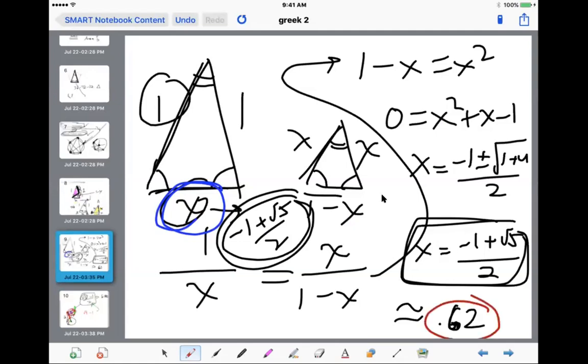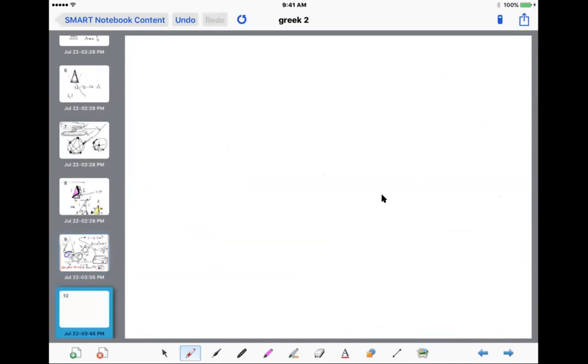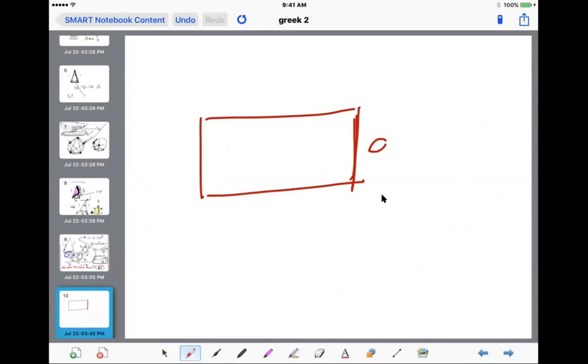This number is related to something called the golden ratio. Maybe you've heard of this before. Let's call this A and this 1.